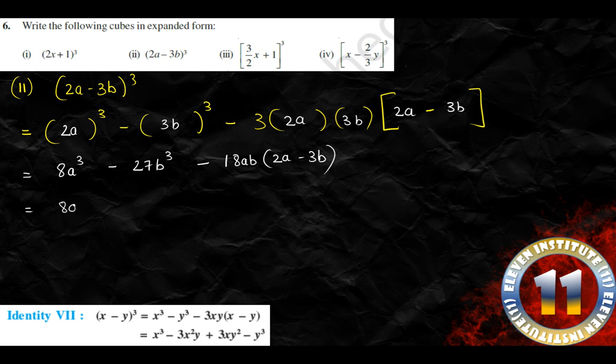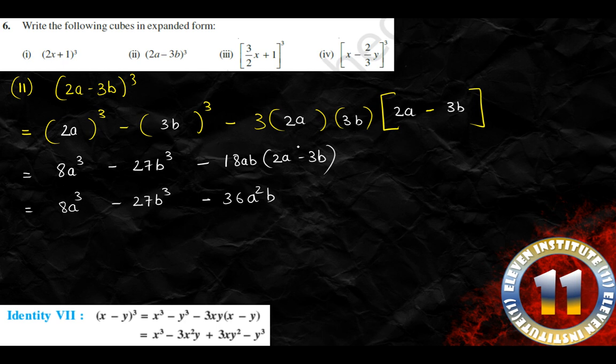So again we have 8a cube minus 27b cube. Now this will multiply with the first term, so minus plus minus, 18 2s are 36. A will multiply with a, so we get a square b over here.